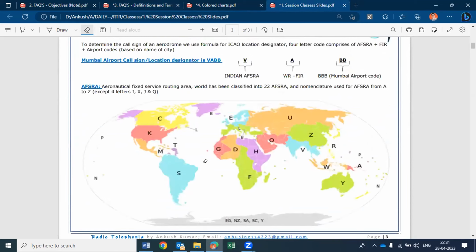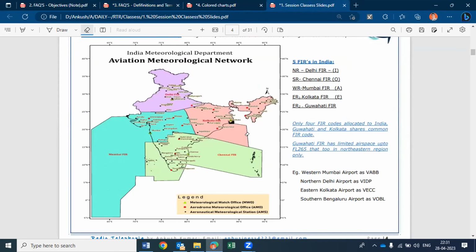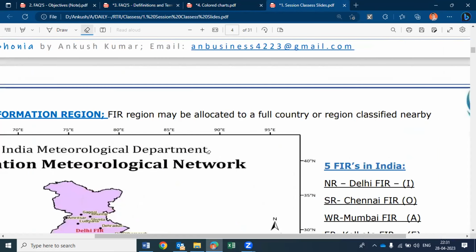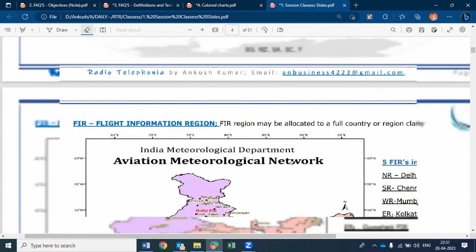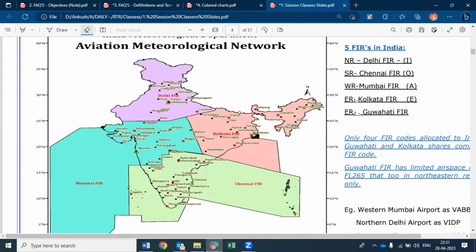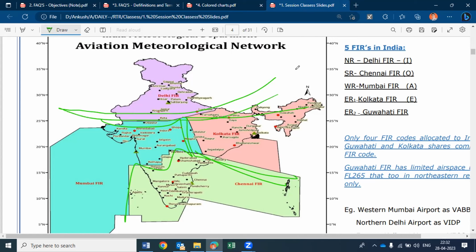But let me show you. See, we have seen FIR here. अभी screen visual है ना? This is a very important thing you are going to get in the future classes. This is FIR, Flight Information Region. We need to get it. Don't worry. हम लोग इसको पढ़ेंगे दोबारा से. This is a very important topic.